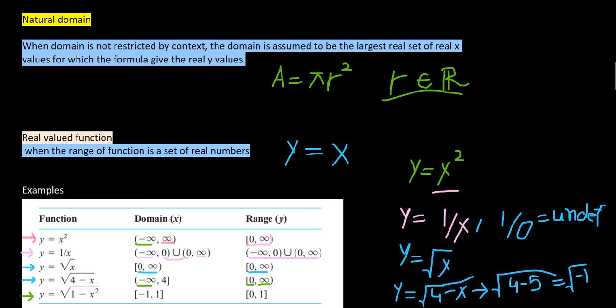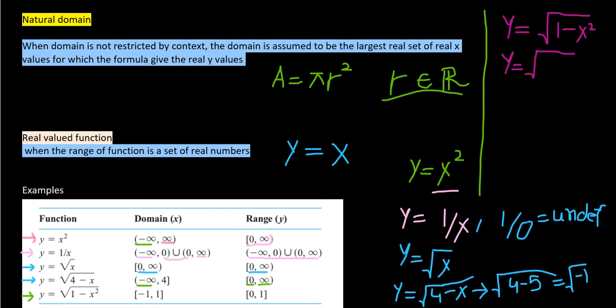I am using the space over here. y is equal to the square root, and again we should have a positive value inside of it. And you can see that we can take a negative value in a square as well.